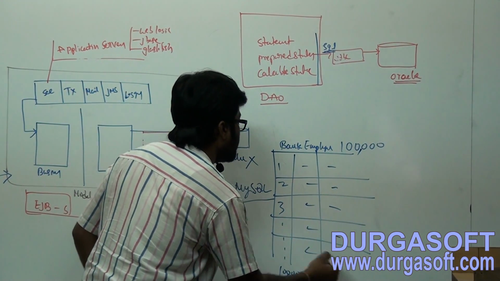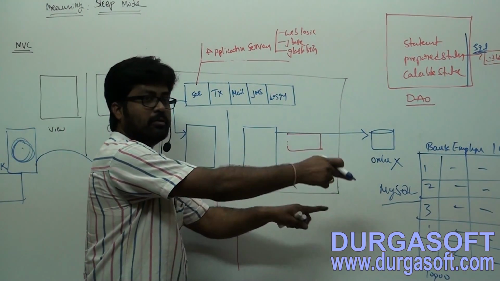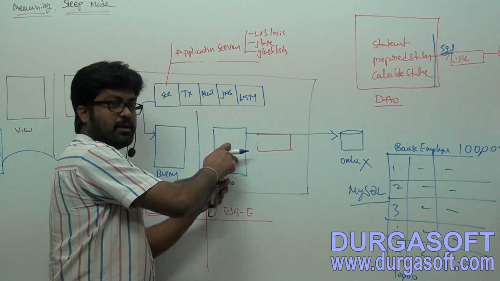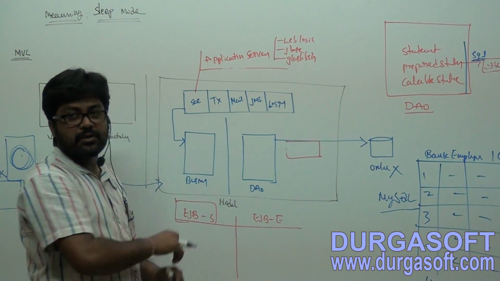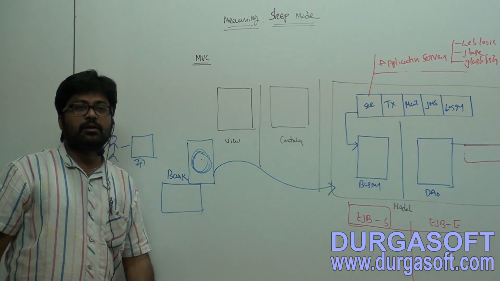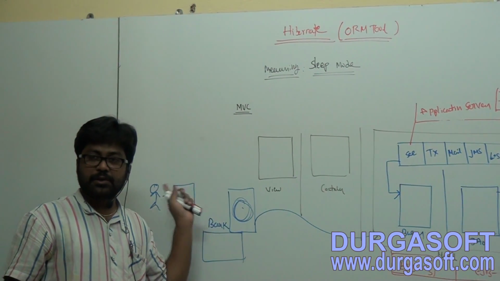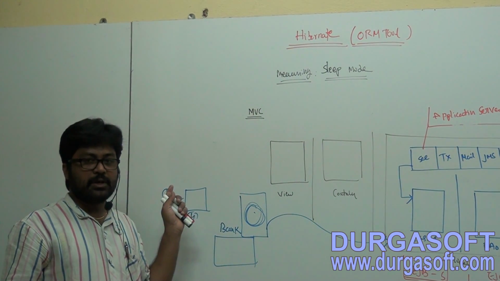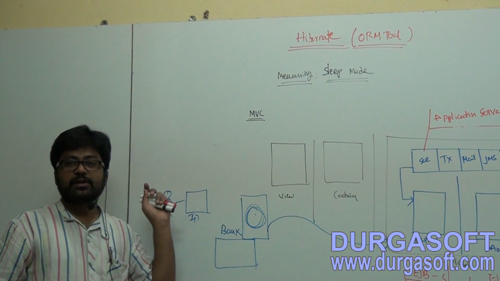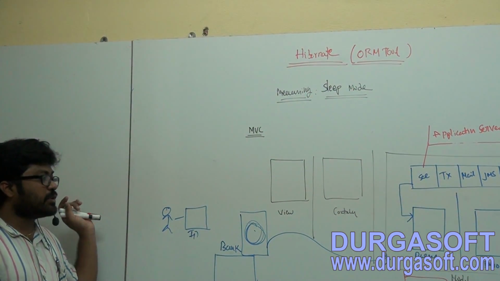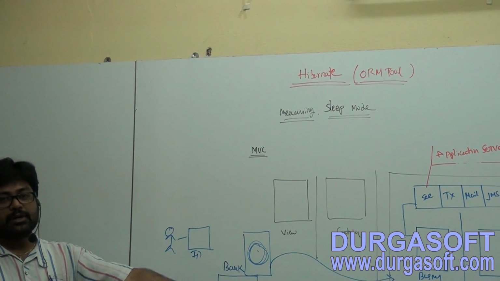So your business needs to call the DAO, and the DAO needs to return data to the business class. The business checks whether that user data is there or not. If it is there, it needs to allow that employee into the office, or else it needs to reject, right? If you come with any duplicate card, it needs to reject. If it is a valid identity card, it needs to allow that user into the office.